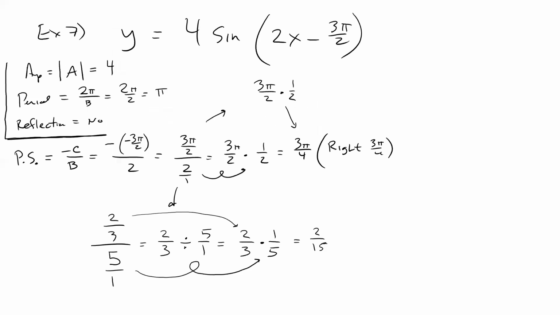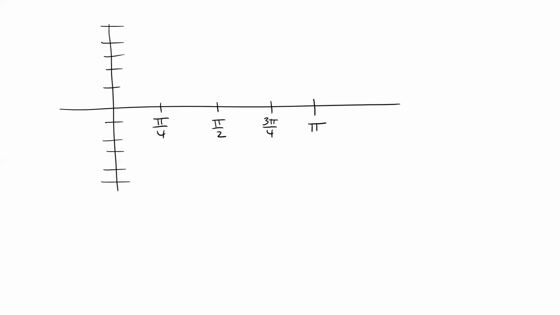Okay, it's a sine curve, right? So my dots begin with 0, 0, pi over 4, 4, 0, 0, 3 pi over 4, negative 4, and tell me if you guys agree.